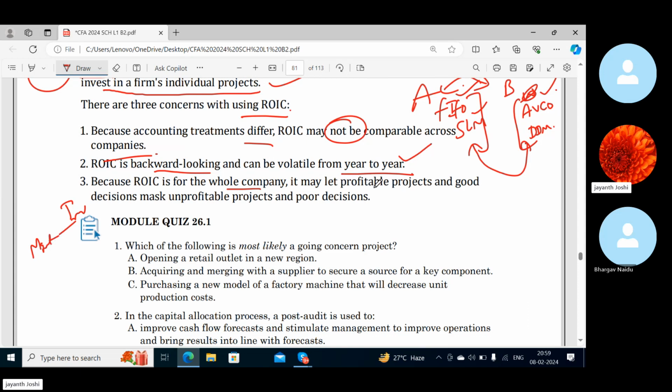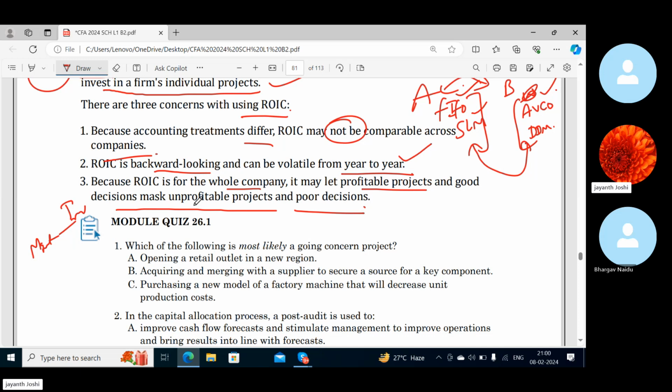It may let profitable projects and good decisions mask unprofitable projects and poor decisions. So what happens, this is for the whole company, right? Based upon this, if you are taking good decisions, definitely at times you can mask the unprofitable ones.